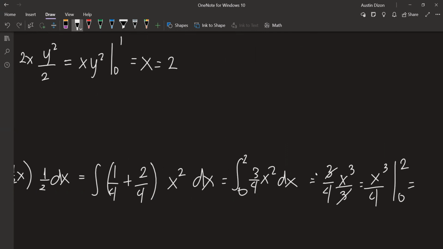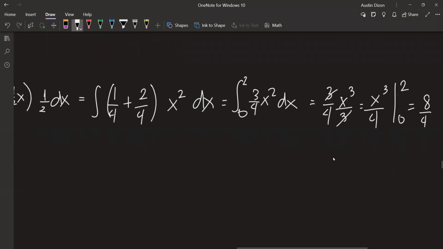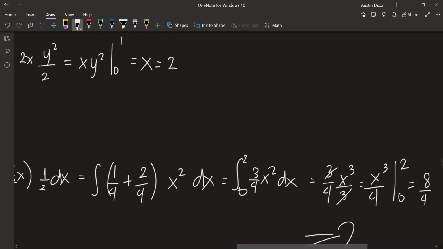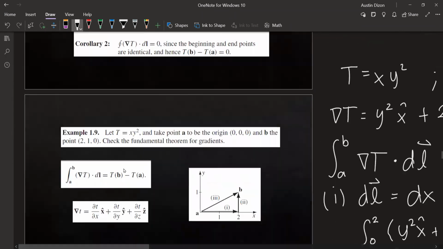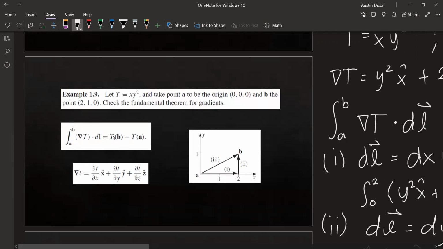And 2 cubed is just 8. 8 over 4 is just 2. Di ba? Ayun yung nasolve natin. So it makes sense. Na correct to. Okay? So ganun mag-integrate gamit yung dot product, yung gradient natin, and yung line integral DL.